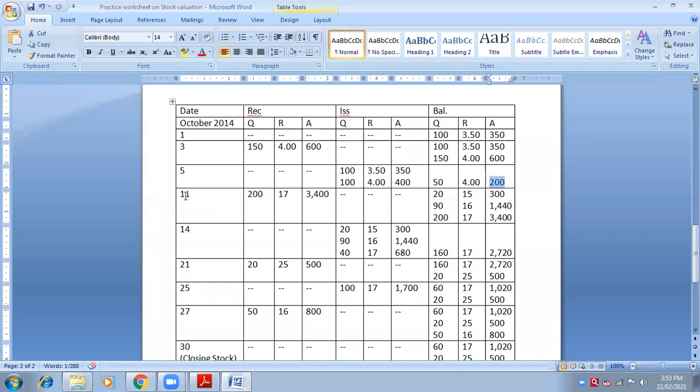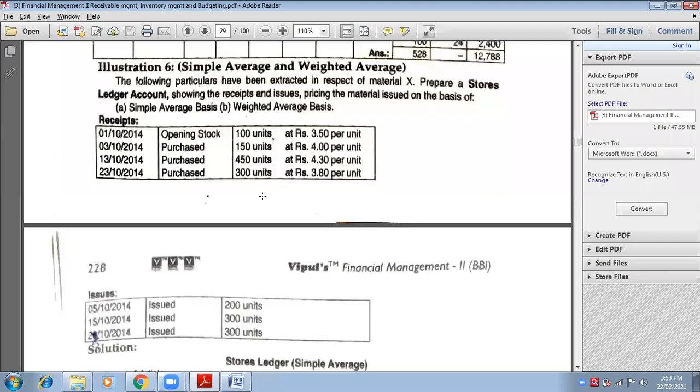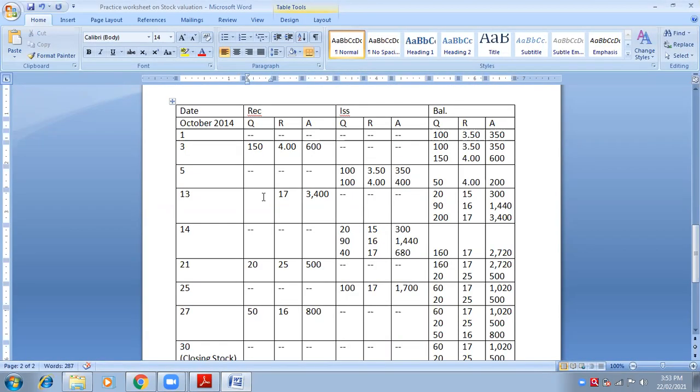So after 5th, I will write 13th. Purchased, how many units were there? 450 into 4.30 per unit. So what is the amount? 1935. Issue will be nil and balance.